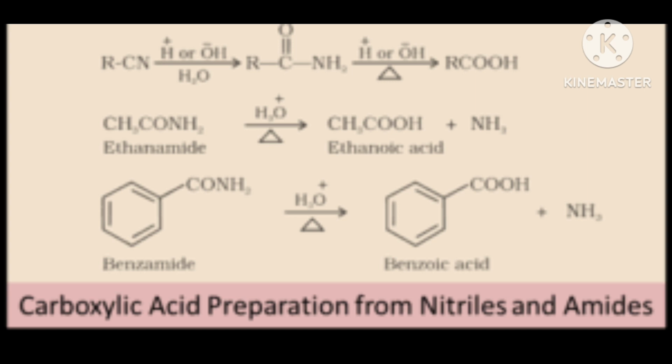Then in this OH, H will go as H plus, then O will become negative and join with the positive carbon. Now a double bond is formed. Like that way CONH2 is formed and you will get RCONH2, that is the amide.